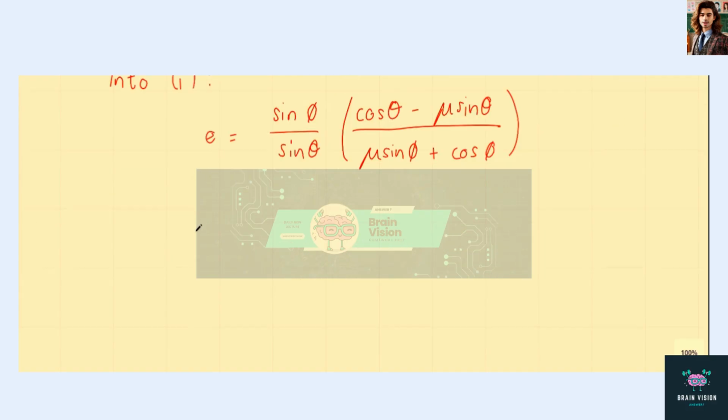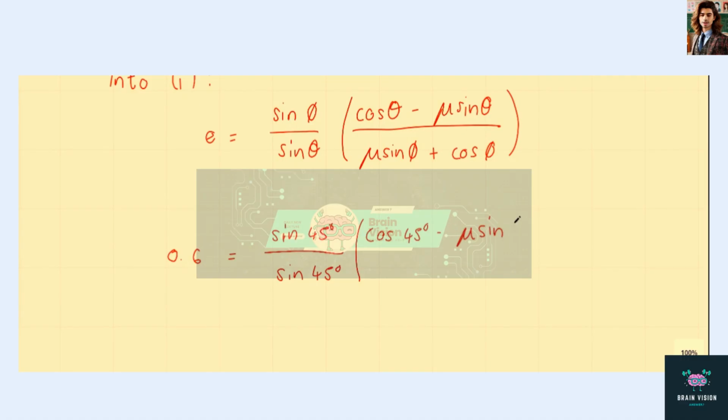And if we substitute our values in here, we know the coefficient of restitution is 0.6. And so we can substitute theta and phi, which are both 45 degrees. So that's sine 45 degrees over, again, sine 45 degrees. So this is just 1 times the cosine of 45 degrees minus mu, which is still unknown.